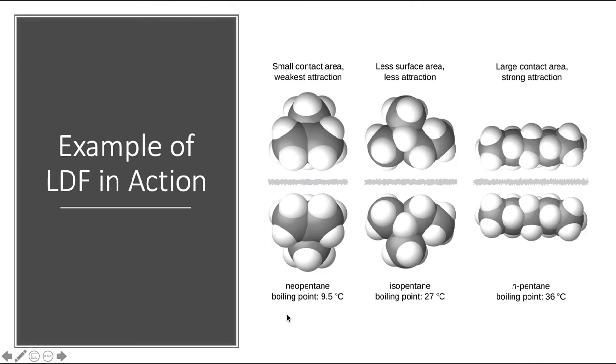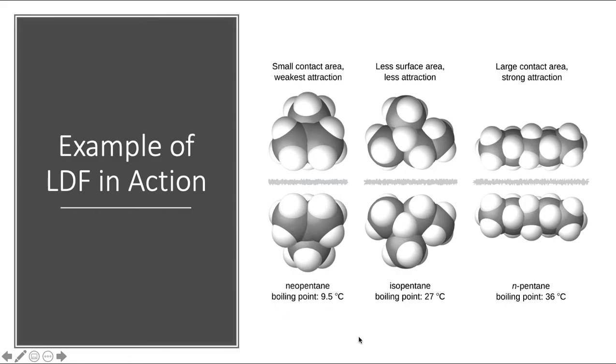If they have the same molecular weight, or the molecular weight is very close, then you look at the shape of the molecule. At this point we don't know how to connect all of these. If I gave you neopentane, you would not know what the shape of that molecule is.